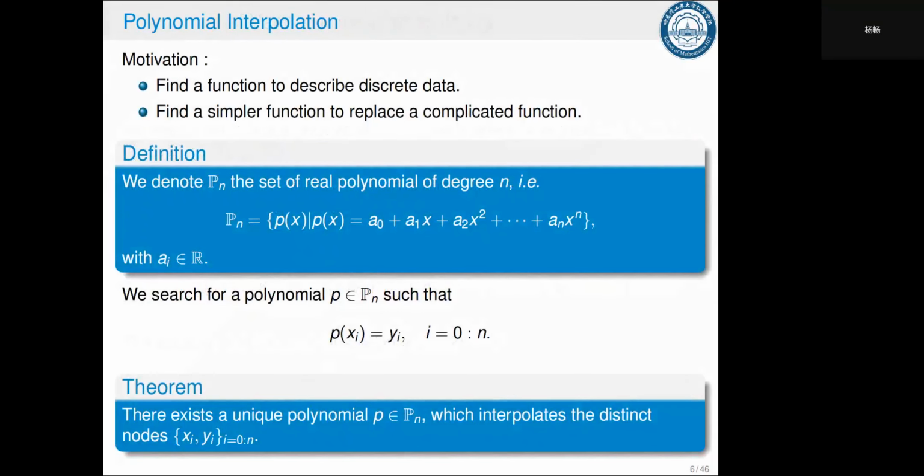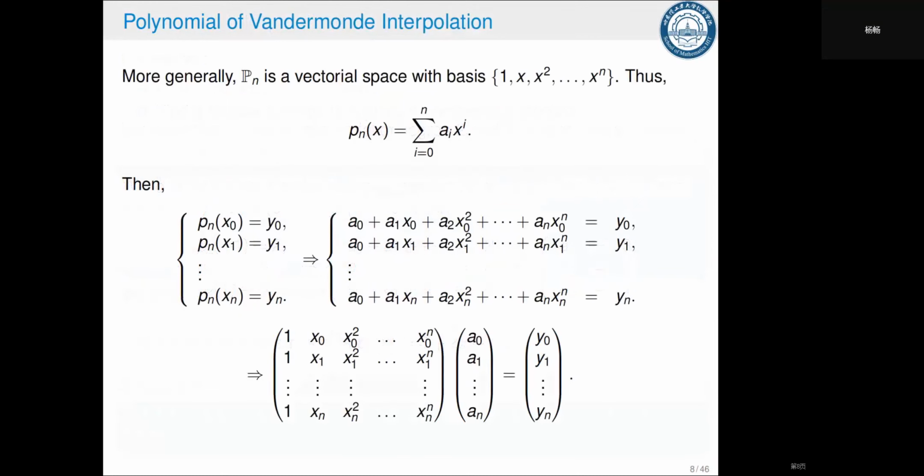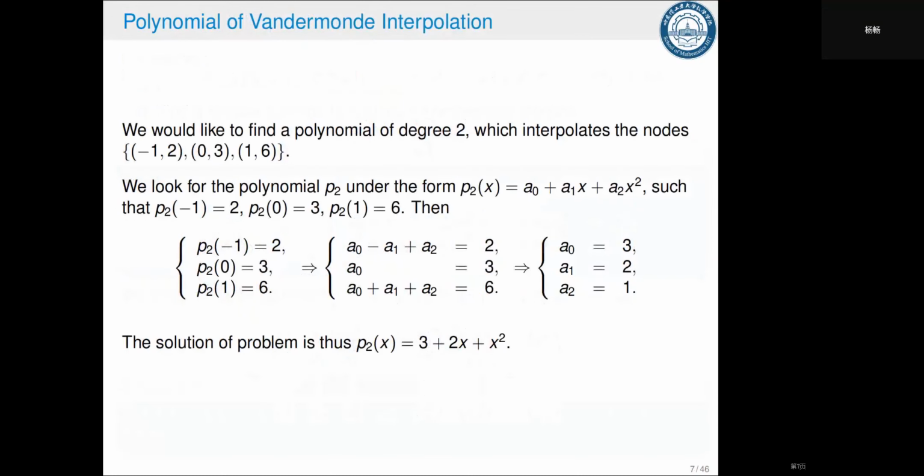So now, before proving it, let's see an example. Such an example is given here. We want to find a polynomial of degree 2 which interpolates the nodes (minus 1, 2), (0, 3), and (1, 6). What does this mean?